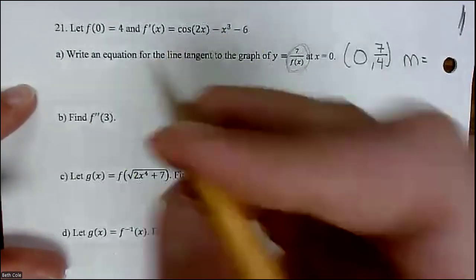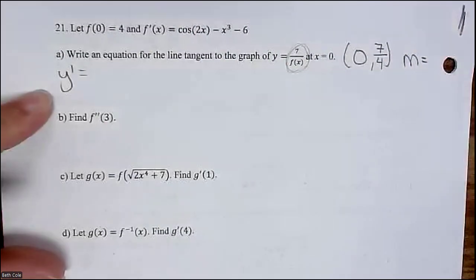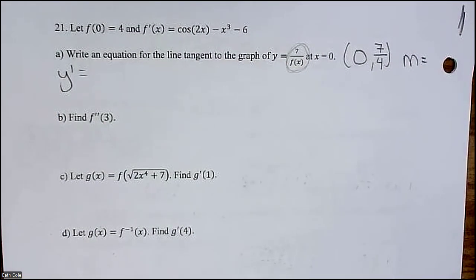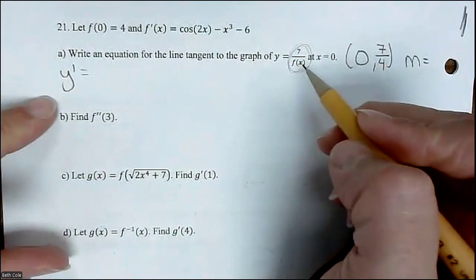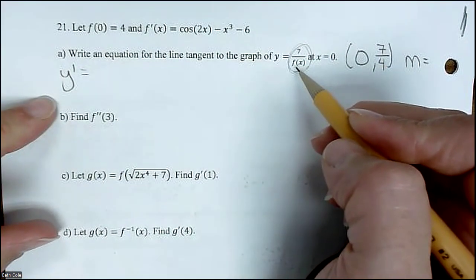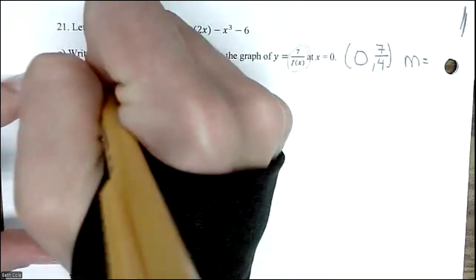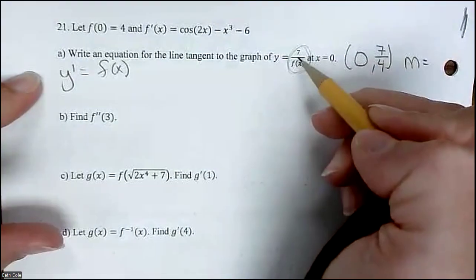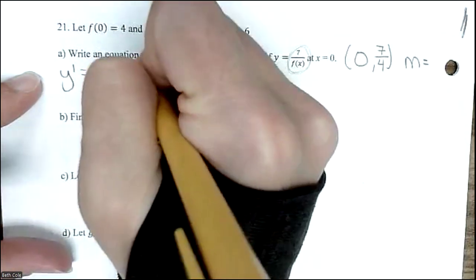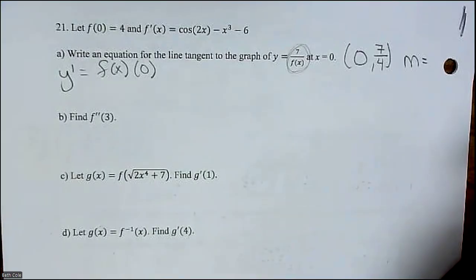Okay. Slope comes from derivative. Okay. So when you do this derivative, it's going to be a quotient rule. How does quotient rule start? Denominator. Derivative of the numerator. Derivative of 7 is 0, which is actually really nice because that's all gone.